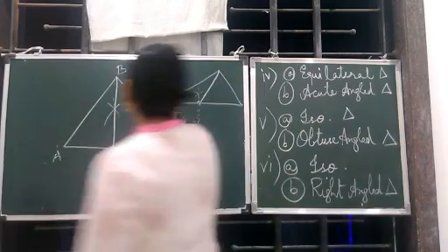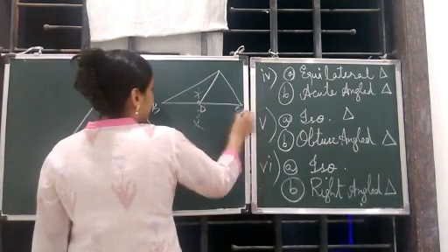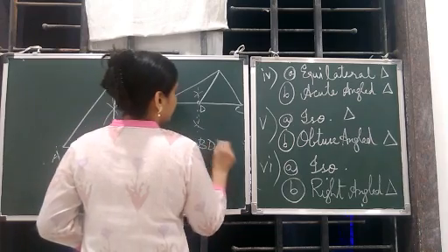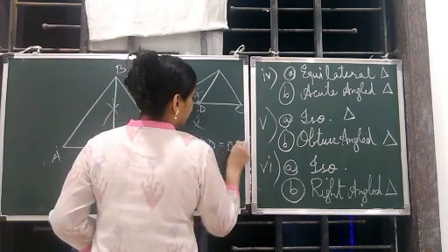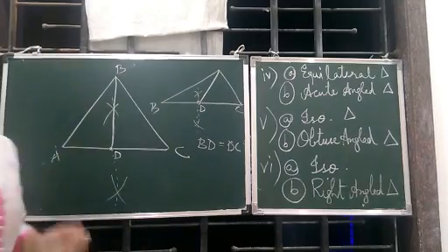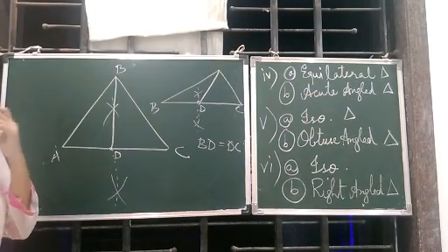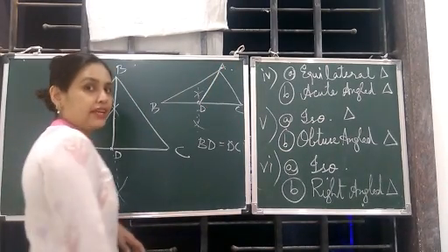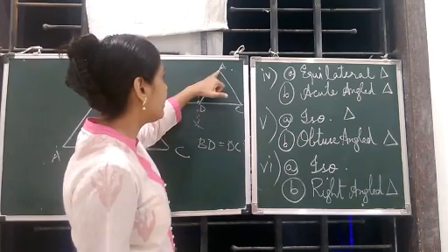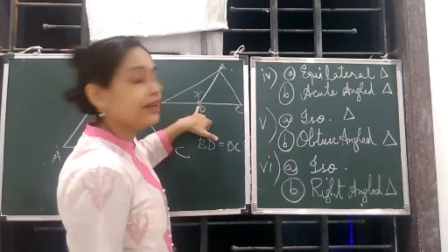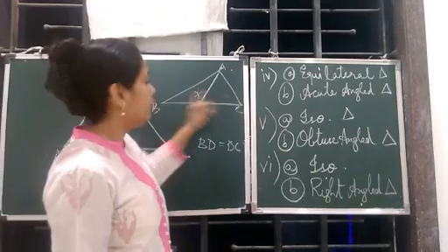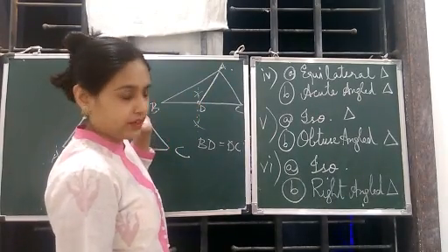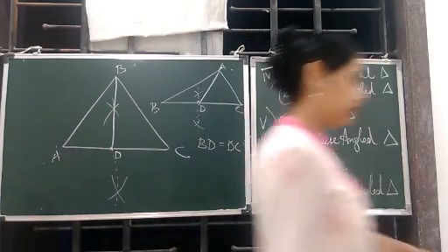That means if you mark this B, D and C, so BD is equal to DC. Got it? And AD is known as the median, which is the line segment which joins the vertex and the midpoint of the side which is opposite to the vertex. So this completes the median.